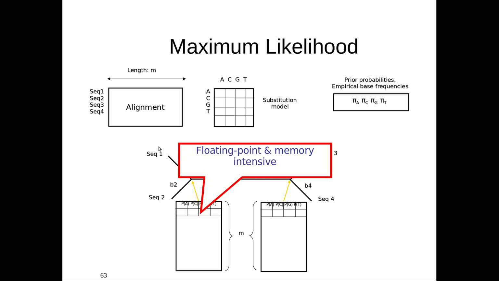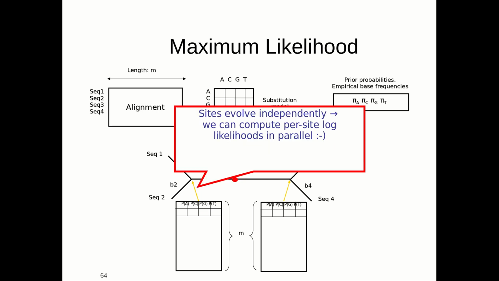Right, so this is our main problem. Filling those vectors is both floating point intensive and memory intensive. The memory space we need for storing those conditional likelihood vectors dominates the memory requirements of maximum likelihood programs. A nice observation about the model is that we assume that our sites evolve independently, and this means as a consequence that we can compute the per-site log likelihoods in parallel.